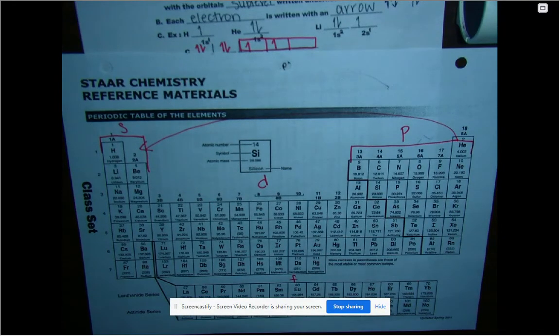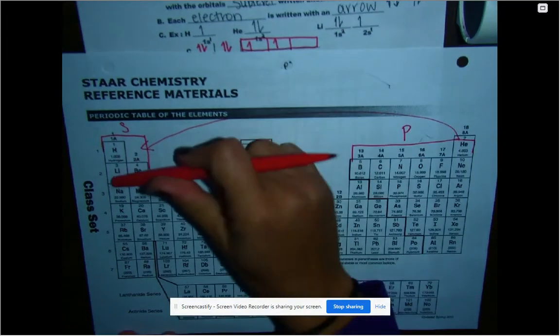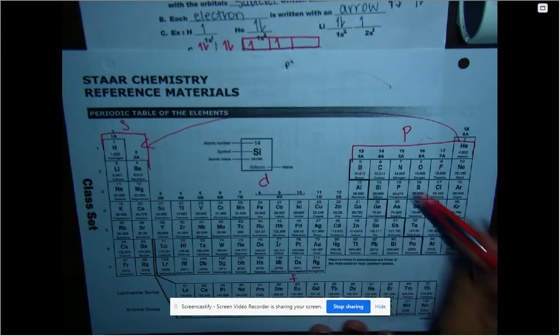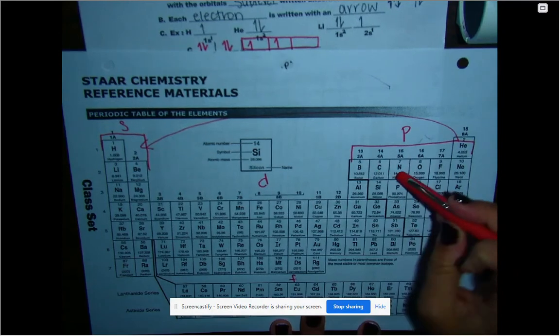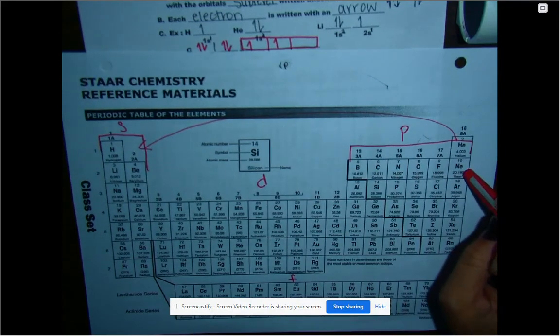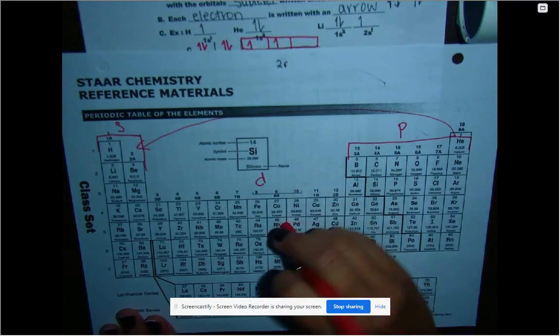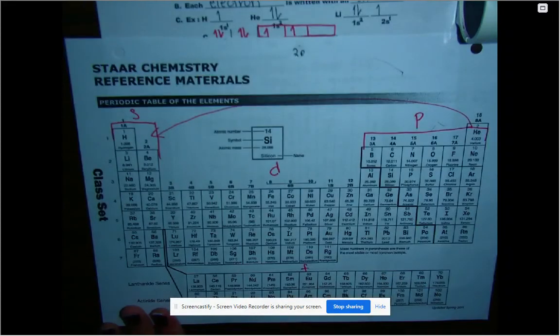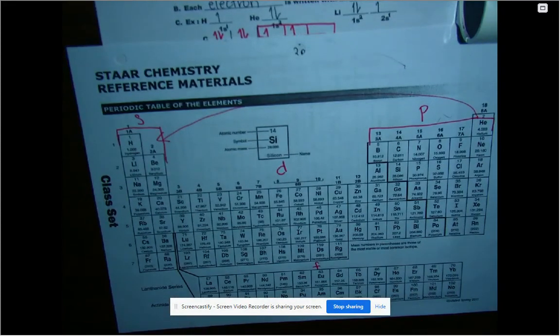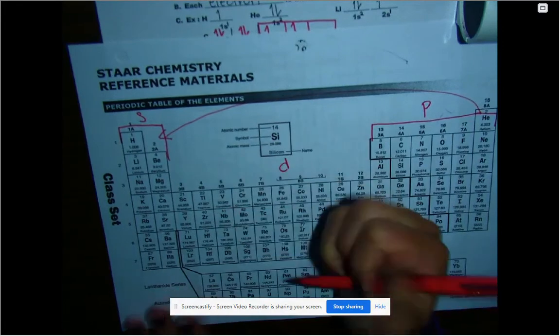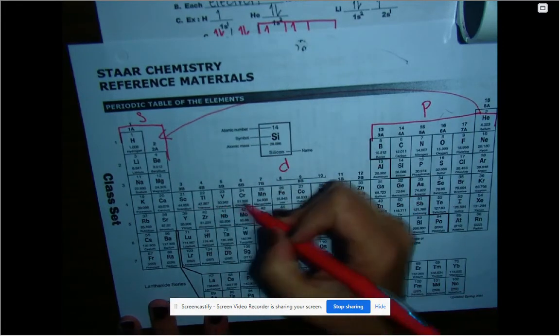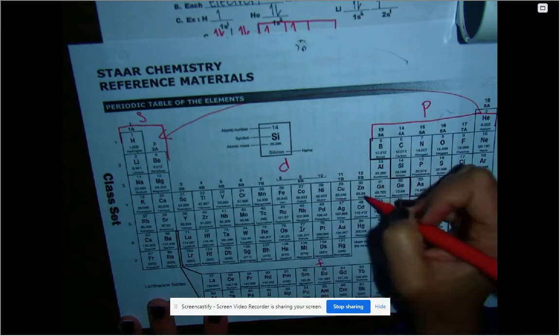I said I was going to tell you how to find this answer. S had 1, 2 maximum. P had 6 maximum: 1, 2, 3, 4, 5, 6. So D, how many maximum does that one have? You can count it up here: 1, 2, 3, 4, 5, 6, 7, 8, 9, 10.